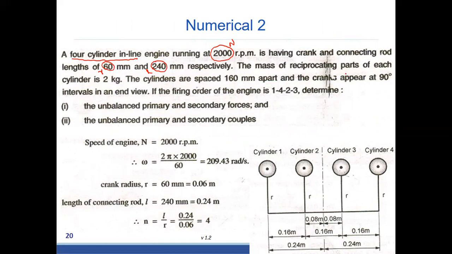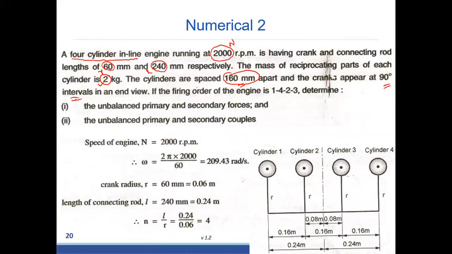The mass of the reciprocating part of each cylinder is 2 kg. All are identical, so all the reciprocating masses are 2 kg. The cylinders are spaced 160 millimeter apart. The distance between each cylinder is 160, between 1 and 2, 2 and 3, and 3 and 4. All are 160 millimeters.